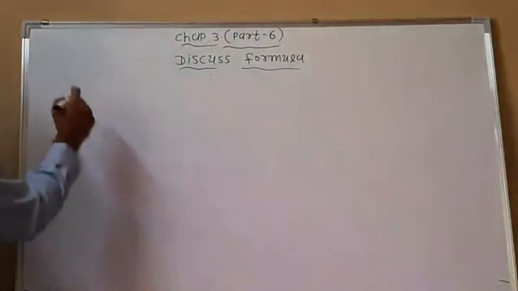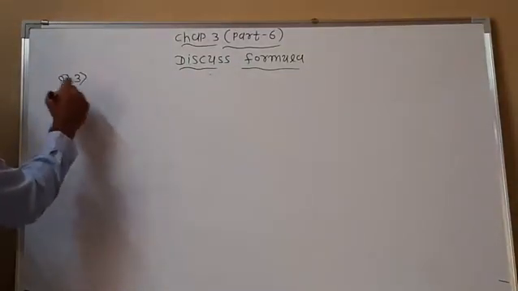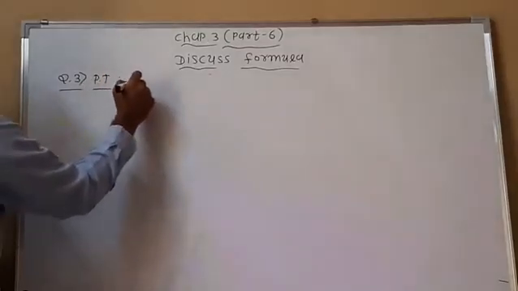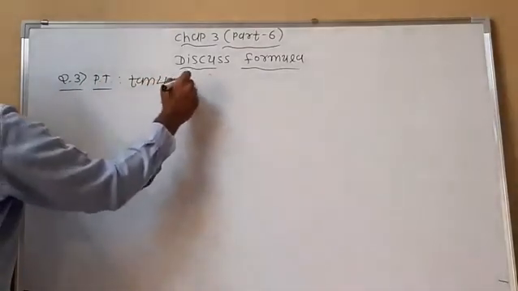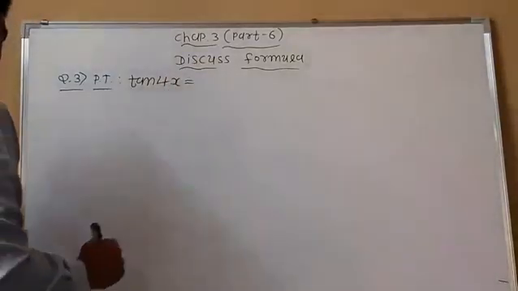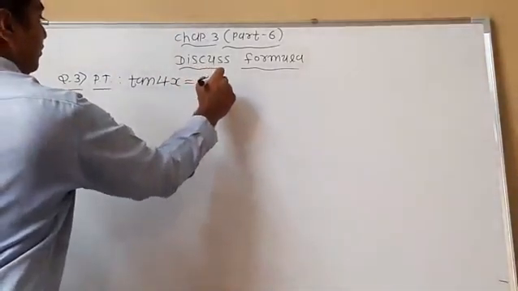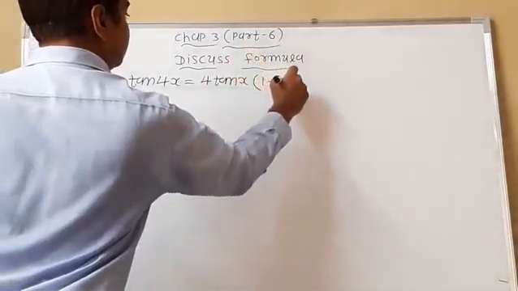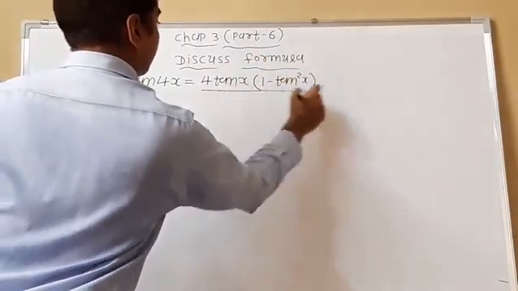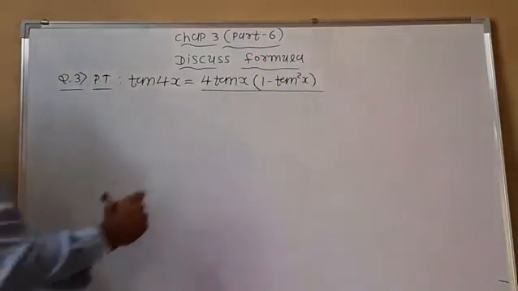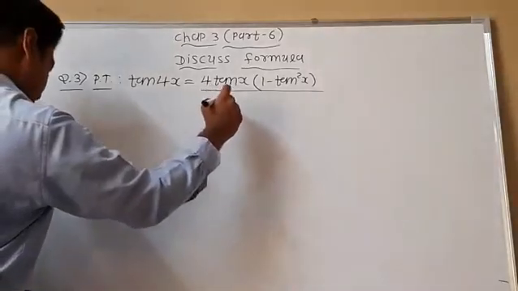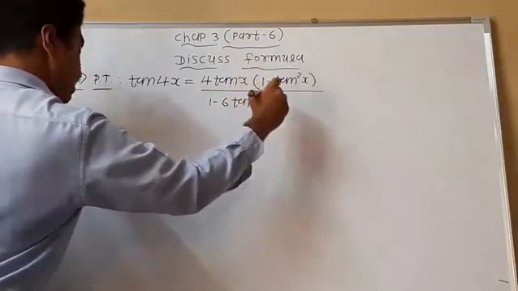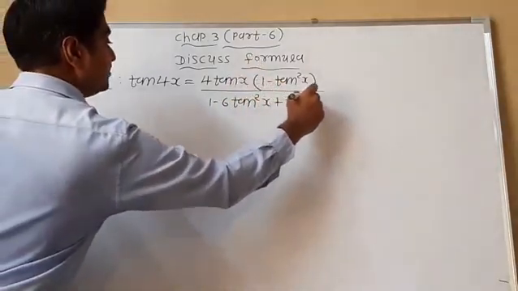Question number 3. Prove that tan 4x is equal to 4tan x into bracket (1 − tan²x) upon, in denominator term, 1 − 6tan²x + tan⁴x.